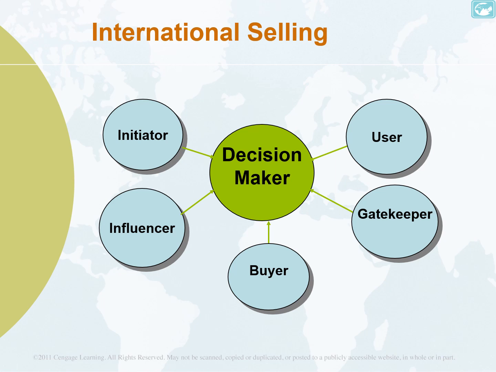And the influencers, other people who may have a say in the final decision making. And of course, there is the initiator. The initiator may not be the user of the product. So you have to keep all these players in mind. Purchasing behavior can vary country to country, as you imagine.